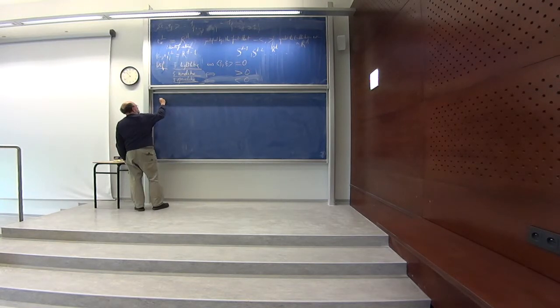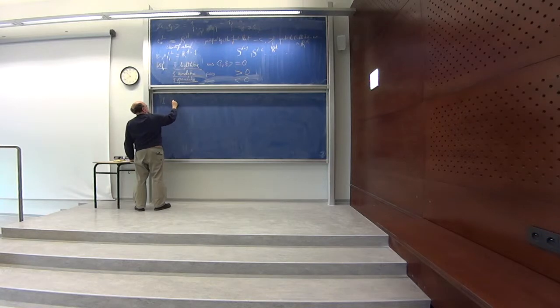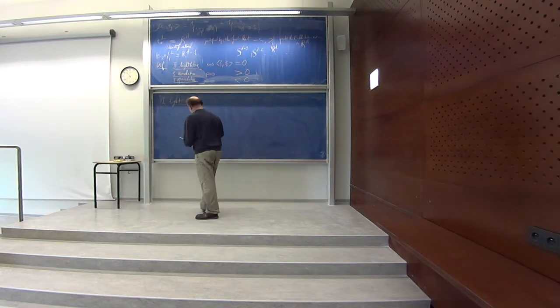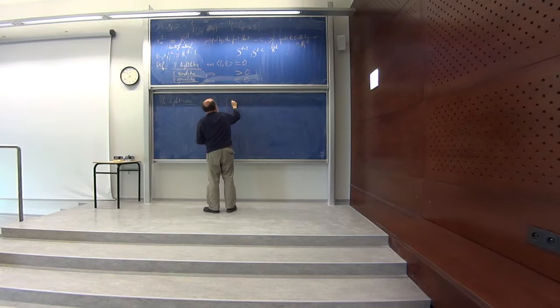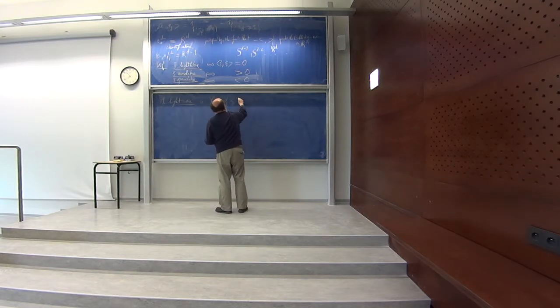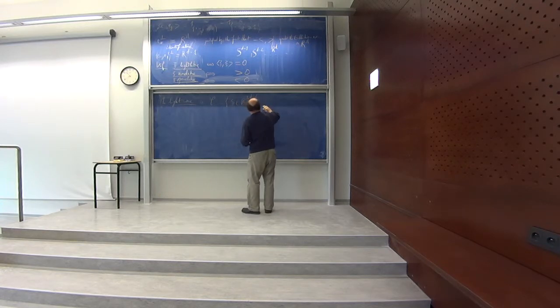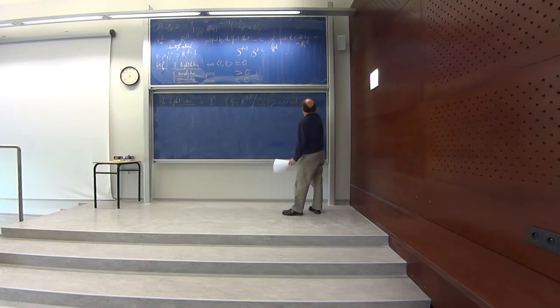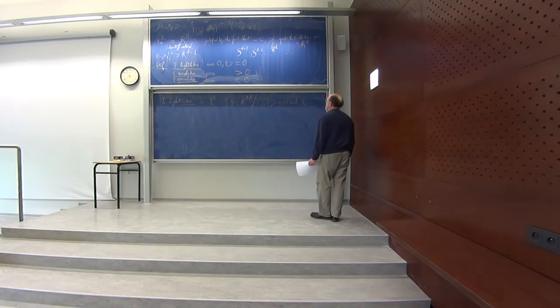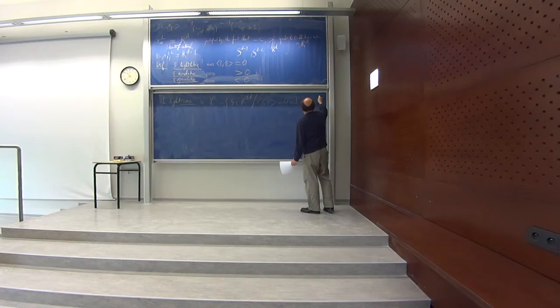The light cone will be an important feature, is C, the set of vectors such that they are light-like, of course, and the first coordinate is positive.